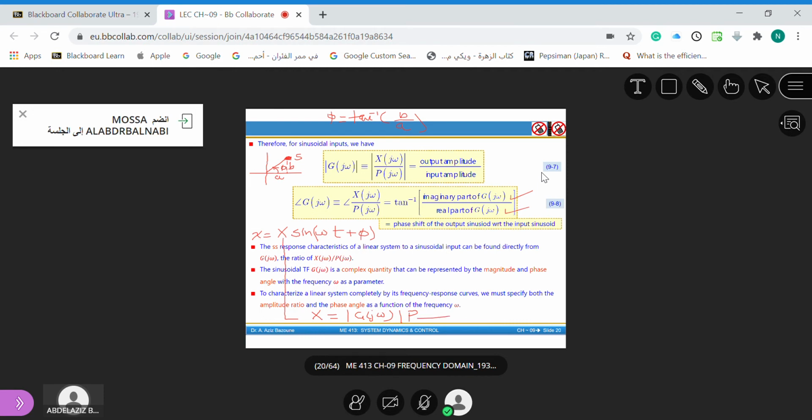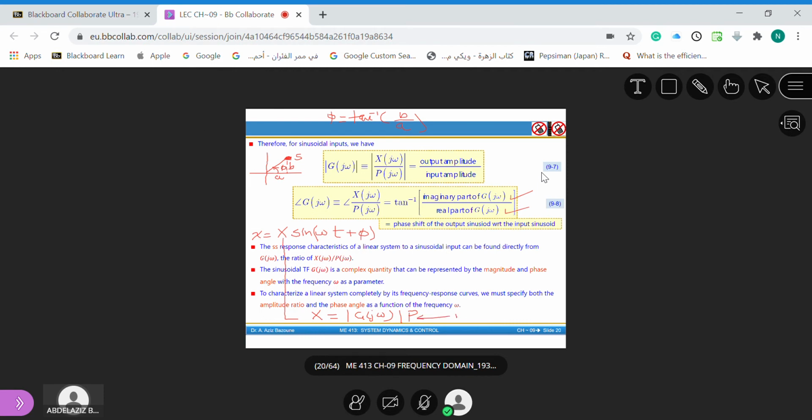This is the input amplitude. And the phase angle of G(jω) is equal to phi. Phi is equal to the angle made by G(jω).